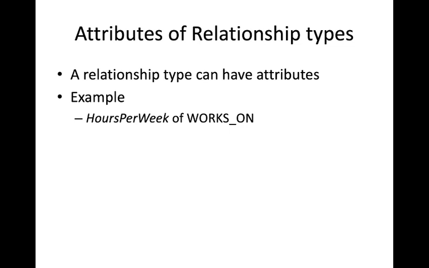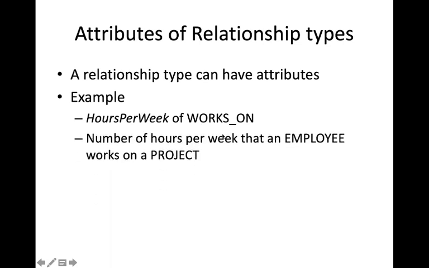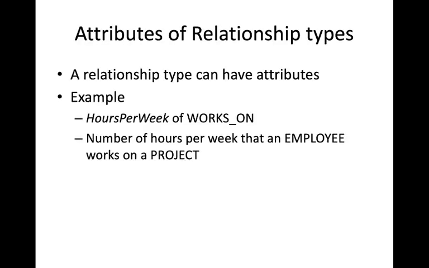So hours per week is actually an attribute of the works on relationship type. The number of hours per week that an employee works on a project is an attribute of that relationship type. I will show how to represent it in the ER diagram later. So remember that attributes are also there for relationship types.